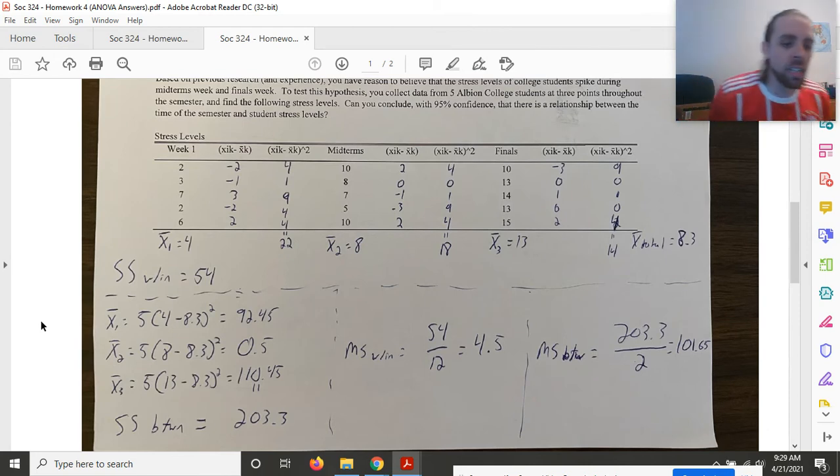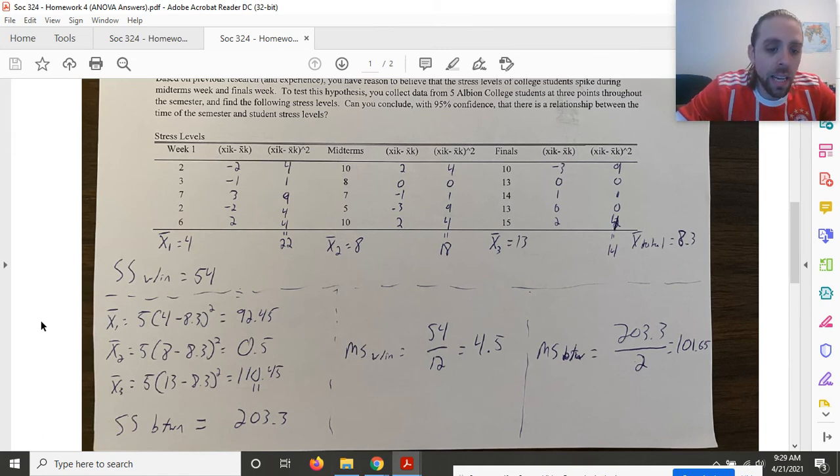Now, if we look at sum of squares between the group, that involved taking each group mean and subtracting from it the grand mean. The grand mean was 8.3. That's x bar total. So group mean minus grand mean squared and multiplied by k. K for all 3 groups here is 5.